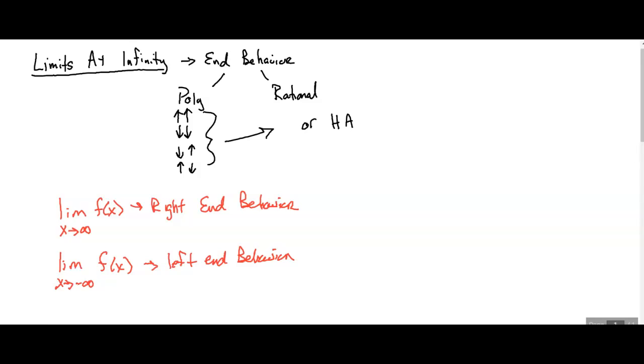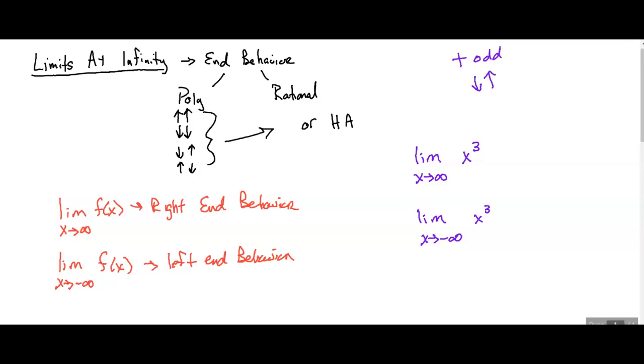Okay? So let's take something that you know really, really well. All right, and let's look at the limit as x approaches infinity of, let's do x, and then we'll do the limit as x approaches negative infinity of the same function. Now we know that this is a positive odd, and positive odd graphs go down, up.